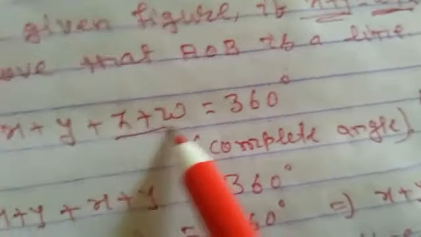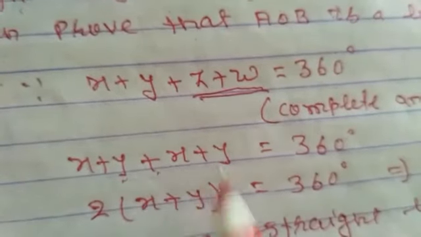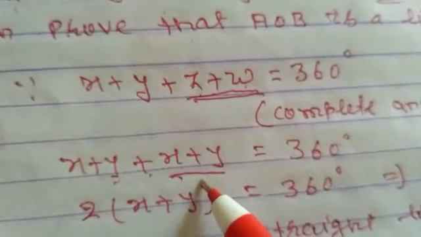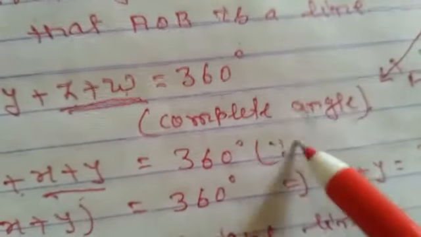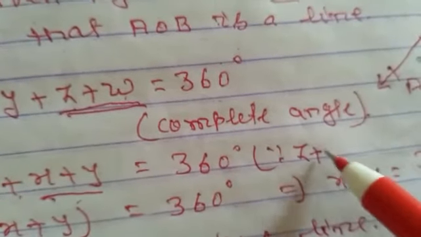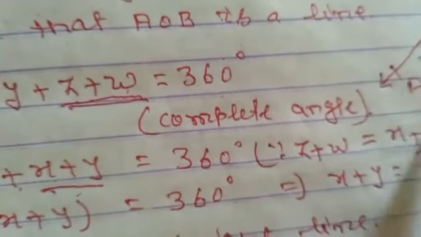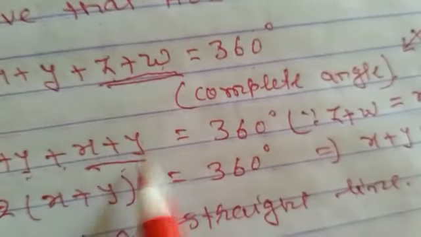So here we have x plus y plus x plus y, because z plus w is equal to x plus y. You can write here also, since z plus w is equal to x plus y. So now we have substituted the value for z plus w.